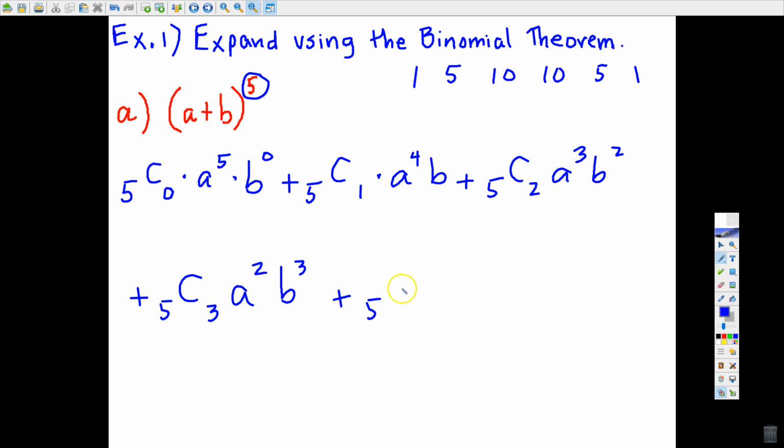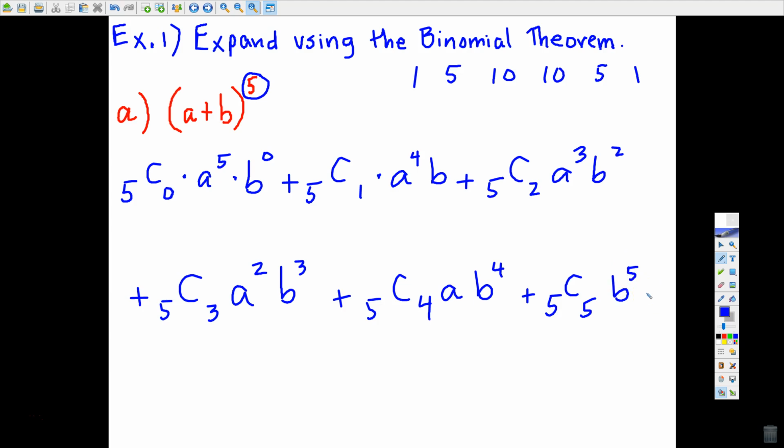The next coefficient should be 5C4. A to the first, b goes up to the fourth, until finally we're down to 5C5. A to the 0 is just 1, b to the fifth.